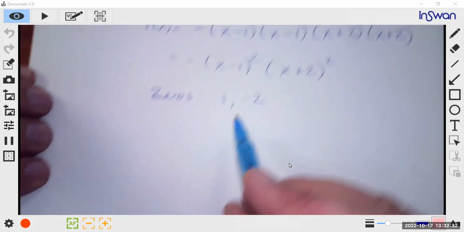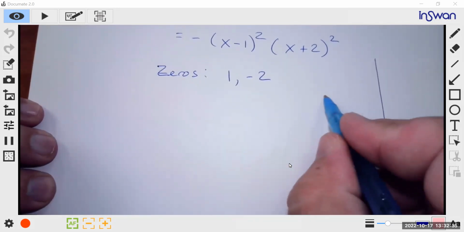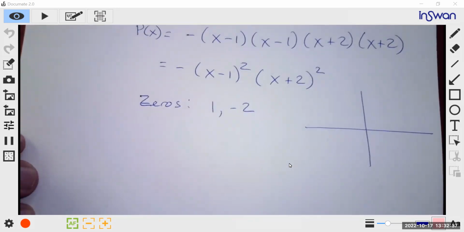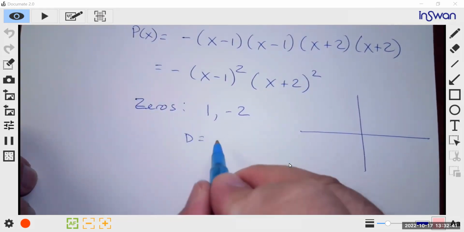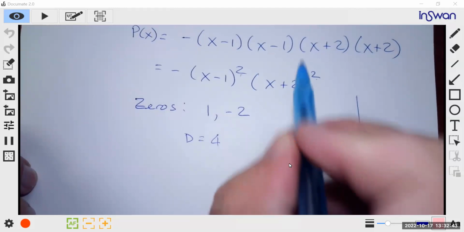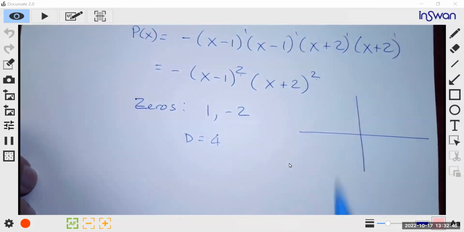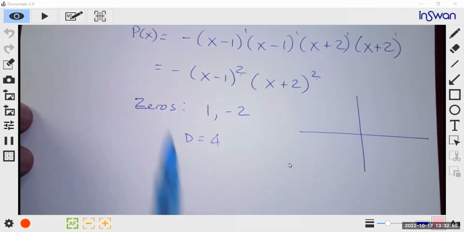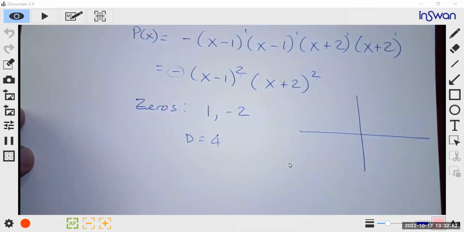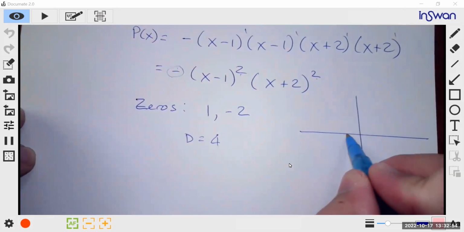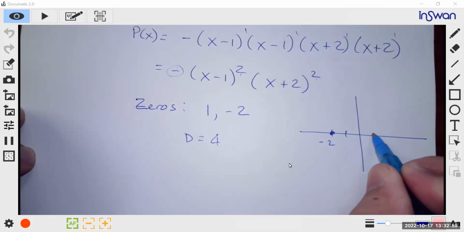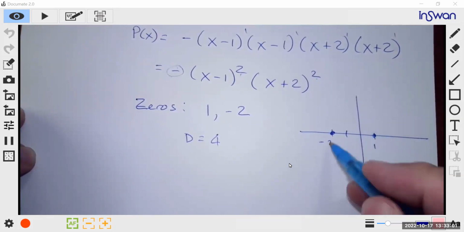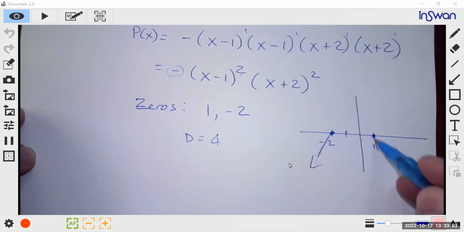Now, on this one, what's the degree? It's also 4. 2 plus 2 is 4. 1 plus 1 plus 1 plus 1 is 4. So again, it's pointing in the same direction. This time it's pointing where? It's going negative. So we know we have the intercepts at -2 and 1, and they have to point down.